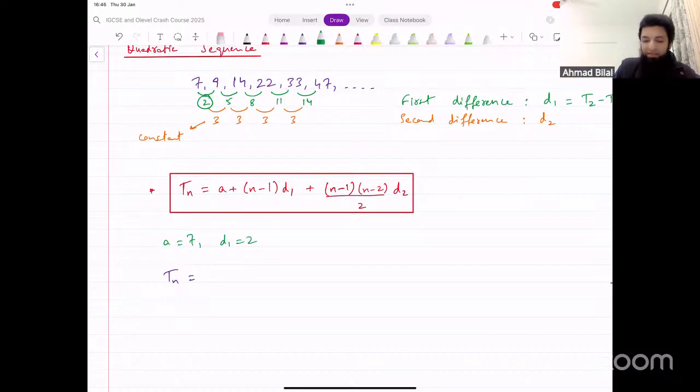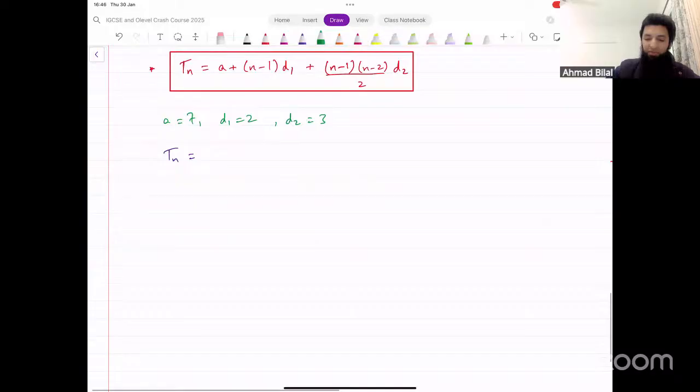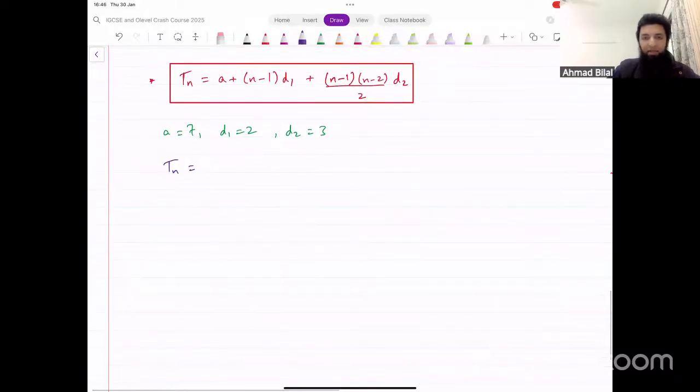And then the second difference, d2, what's that? d2 is equal to 3 in this case. We just have to input these values in this formula and we'll get the nth term for this sequence. Let's see what that turns out to be. 7 plus n minus 1 times d1, which is 2 in this case, plus n minus 1 times n minus 2 divided by 2 times d2, which is 3. And that should give you the result.